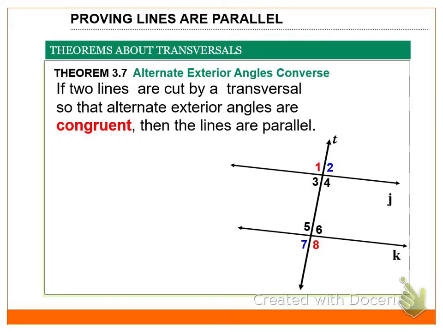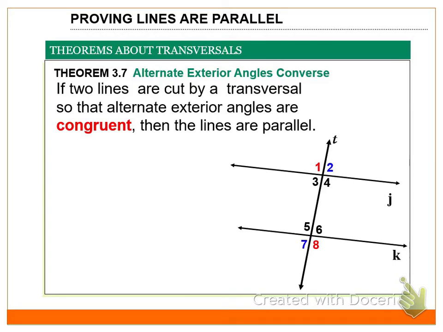All right, the second, alternate exterior angles. So go ahead and write that in the box. Alternate exterior. If two lines are cut by a transversal so that the alternate exterior angles are congruent, then the lines are parallel. So your blank is congruent.